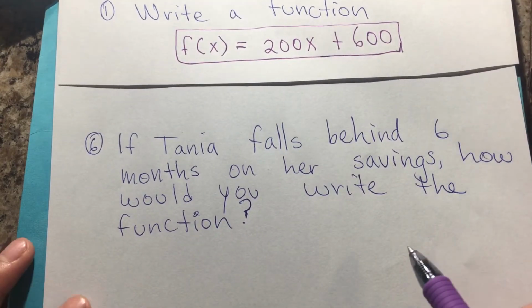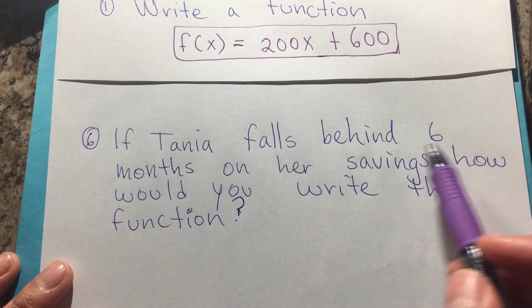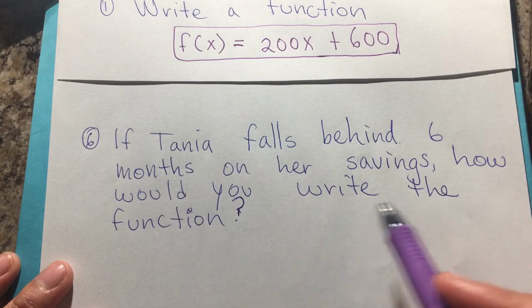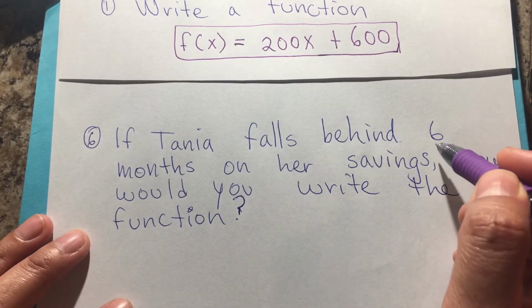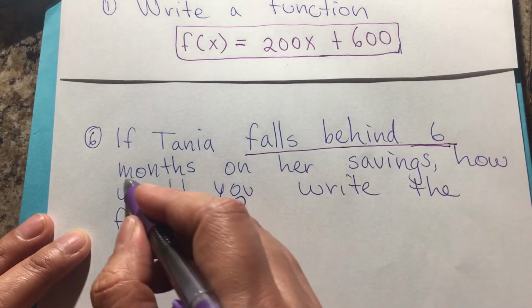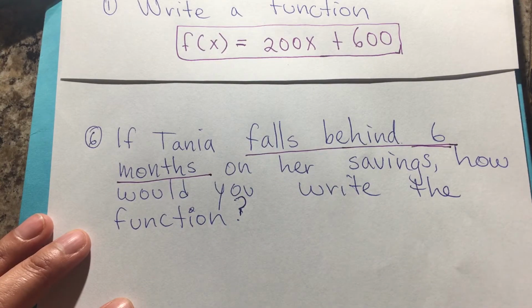For number 6, it says, if Tanya falls behind 6 months on her savings, how would you write the function? Again, we have to check if falls behind is in reference to the months or in reference to all the money that she has.